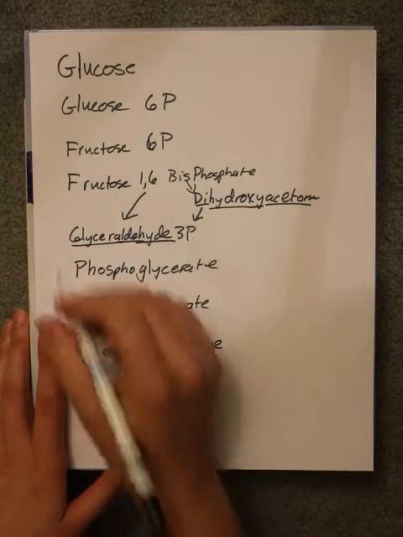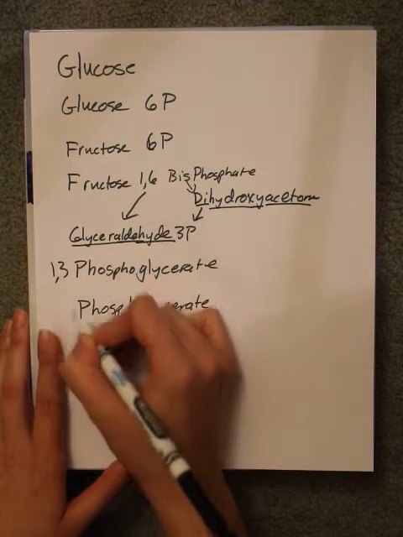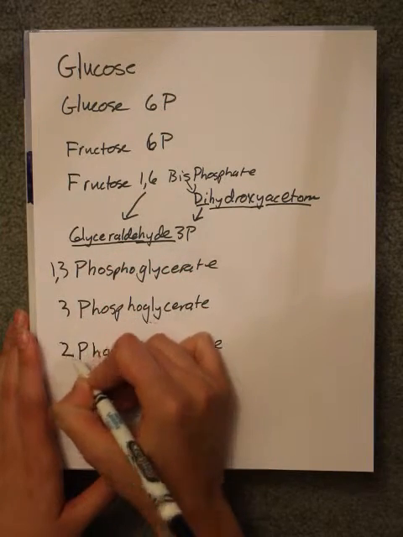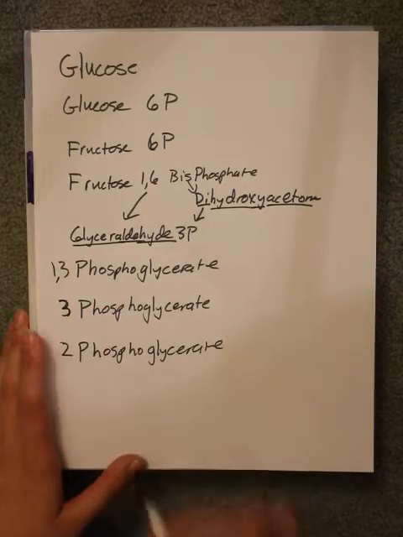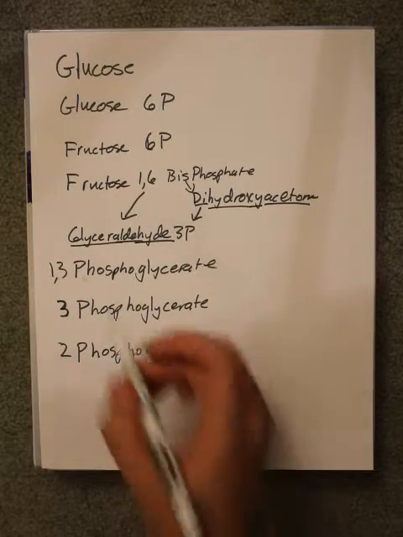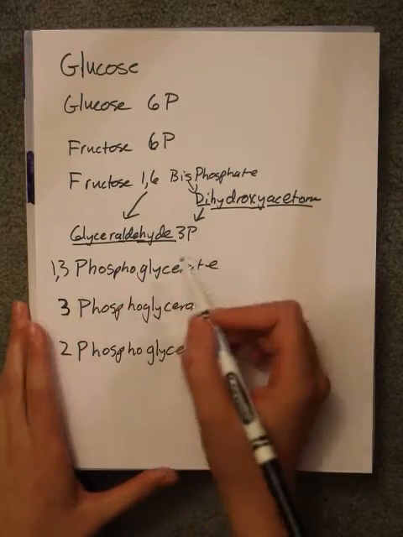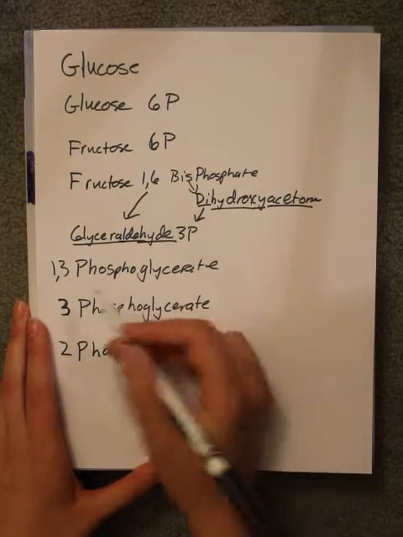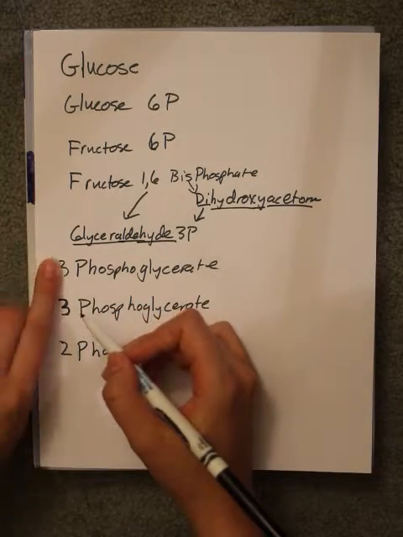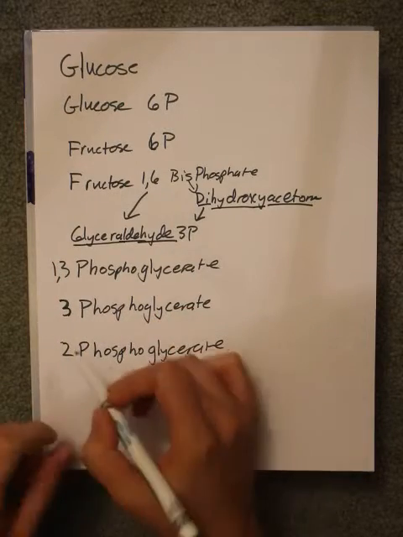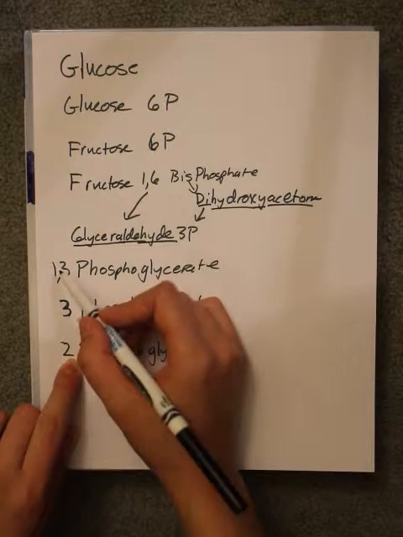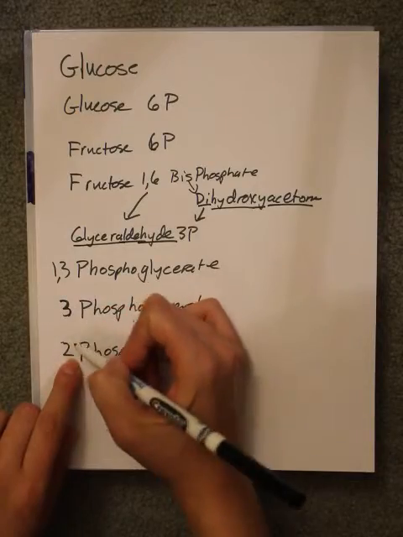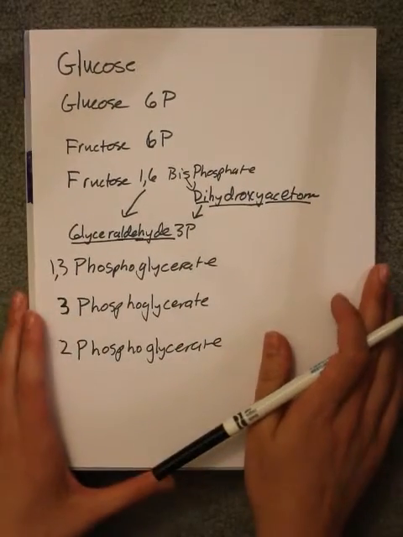And then all you have to remember is 1, 3, 3, and 2. So I remember 1, 3 is kind of like the 1, 6, except you have a 3 now, so it's 1, 3. And then 3, you get rid of the 1. And then I remember the 2 because 3 minus 1 is 2. It's kind of silly, but that's how I remember.